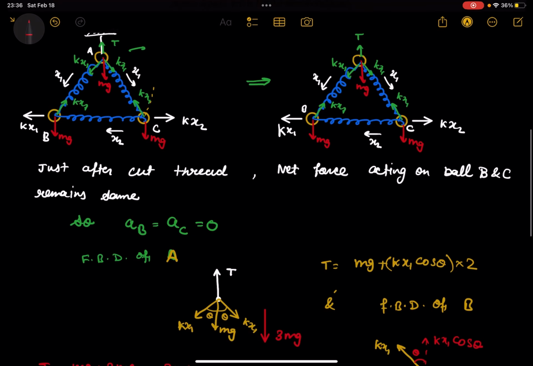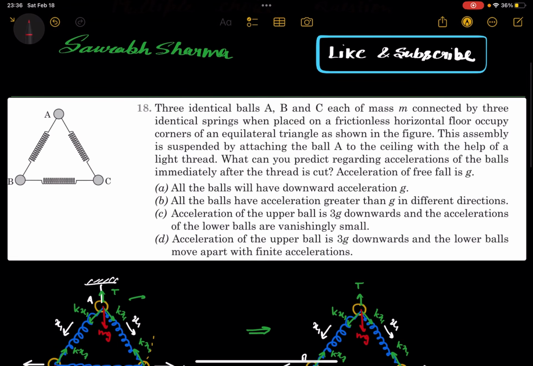So what is the correct answer? I want to read again. All the balls will have downward acceleration, wrong. All the balls have acceleration greater than g in different directions, wrong. Acceleration of the upper ball is 3g downward, it is a correct statement. And the acceleration of the lower balls is vanishingly small, meaning it is approximately 0.